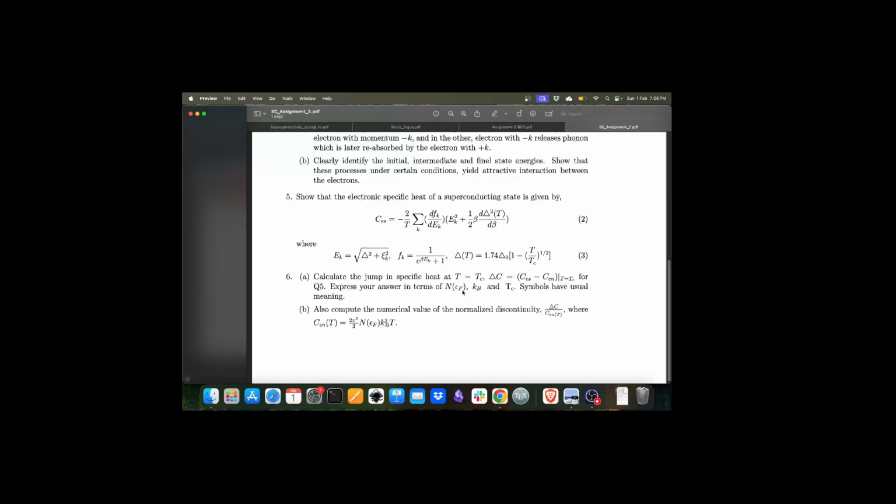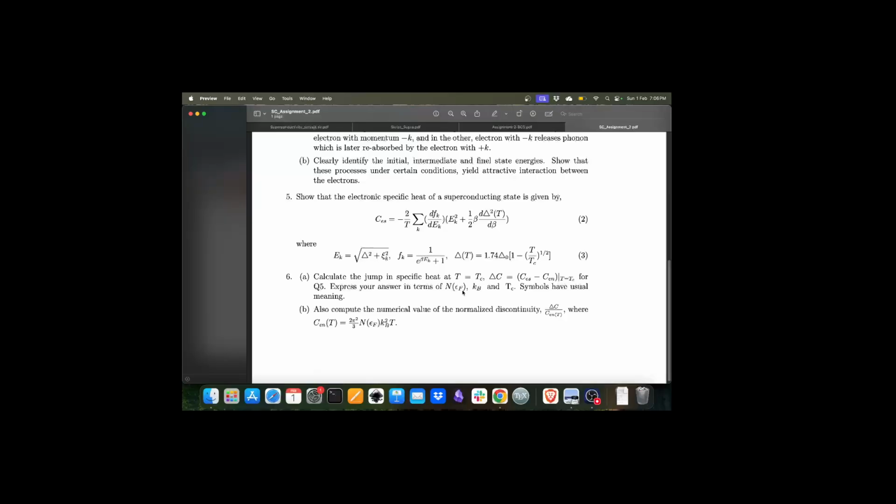This n is the occupation, so the state is either occupied or not occupied. These are the only two possible states, right? So we also have unoccupied at k, which means 1 minus f_k is the probability of the state being unoccupied, and then ln of 1 minus f_k.